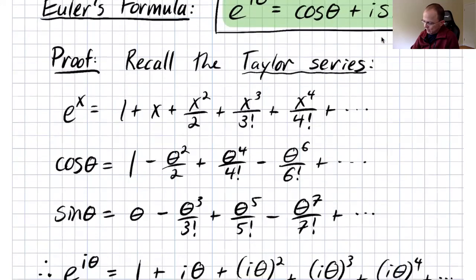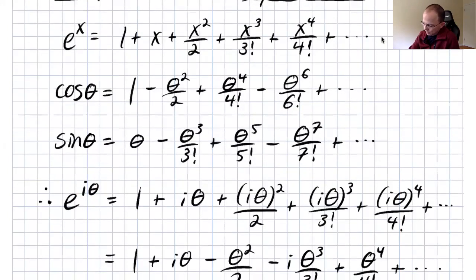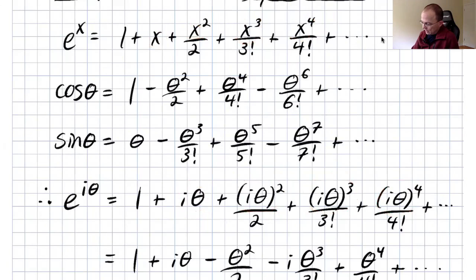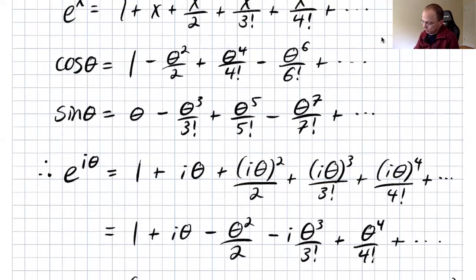So let's take this e to the x, and we'll substitute in i theta. So this x gets replaced with i theta, x squared becomes (i theta) squared, x cubed is (i theta) cubed, and x to the 4th is (i theta) to the 4th. And then we can use the property of i, that i squared is minus 1. So here we're going to do i squared theta squared, and the i squared becomes minus 1.